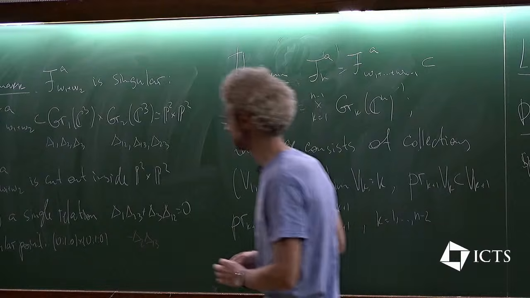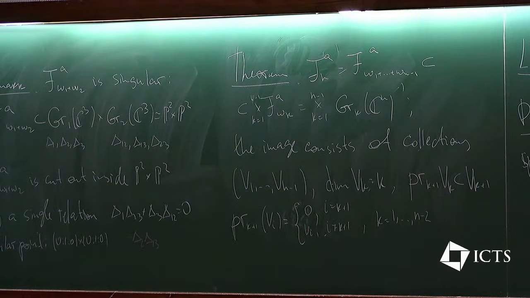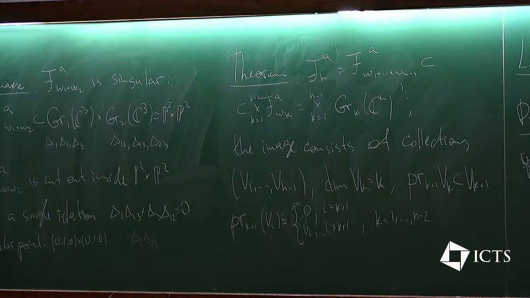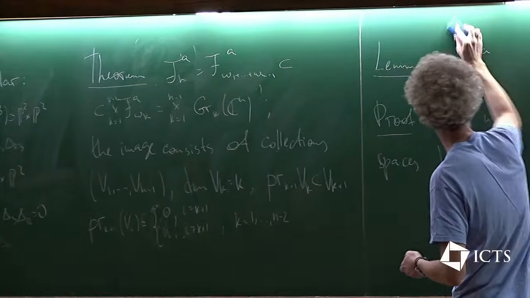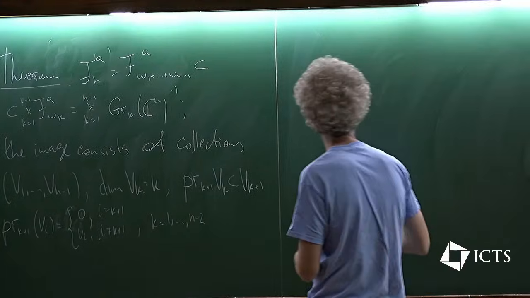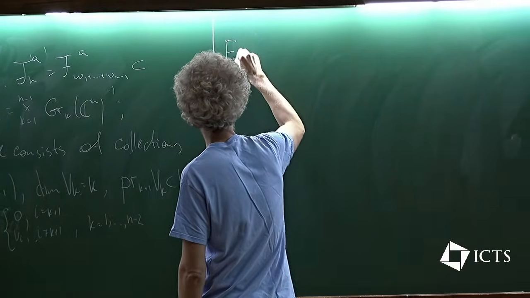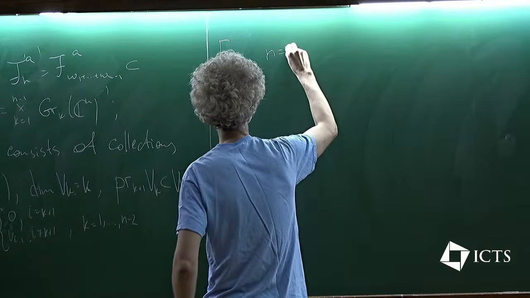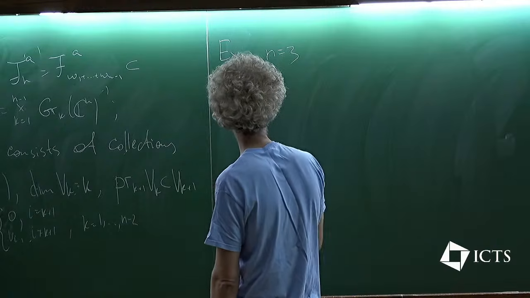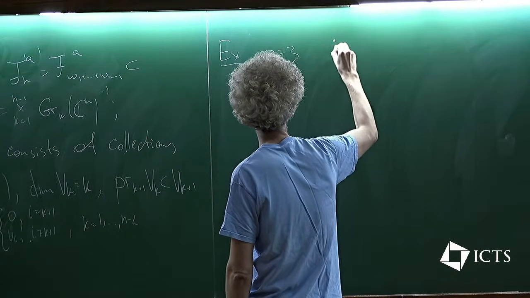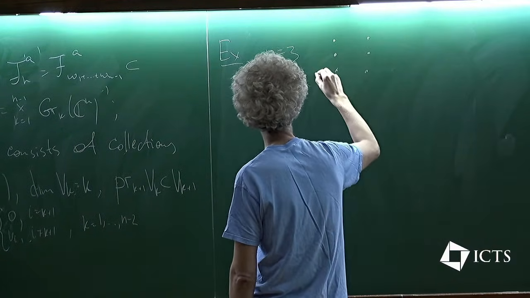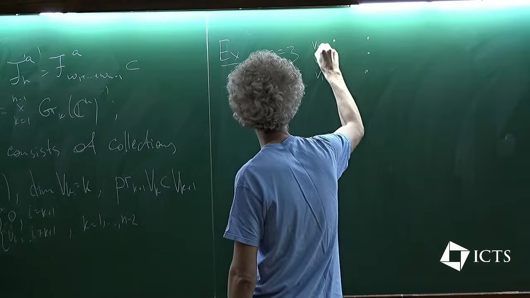Okay, so maybe let me draw the picture, to make this statement a bit more clear. Let's take an example: if n is 3, this is the example we studied. We have our map pr_2, and let me just consider such a picture. Here I put vectors V_1, V_2, and V_3.